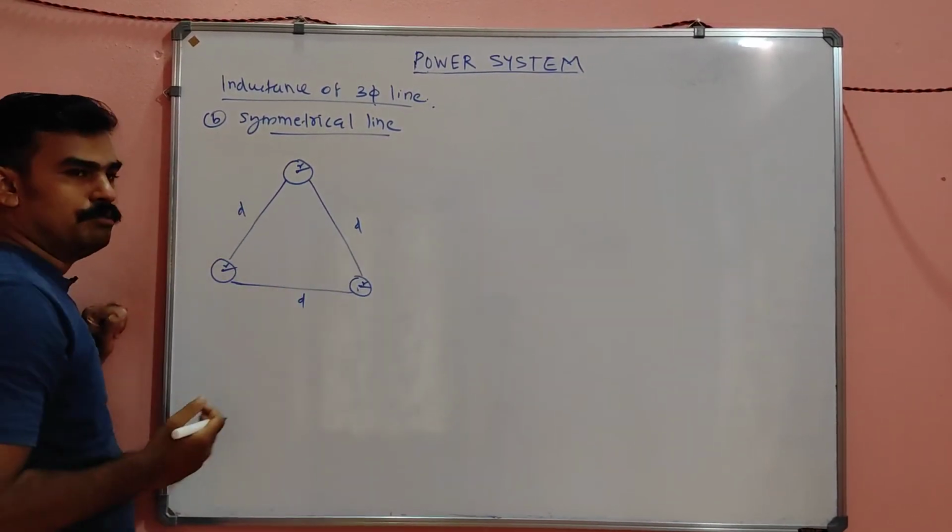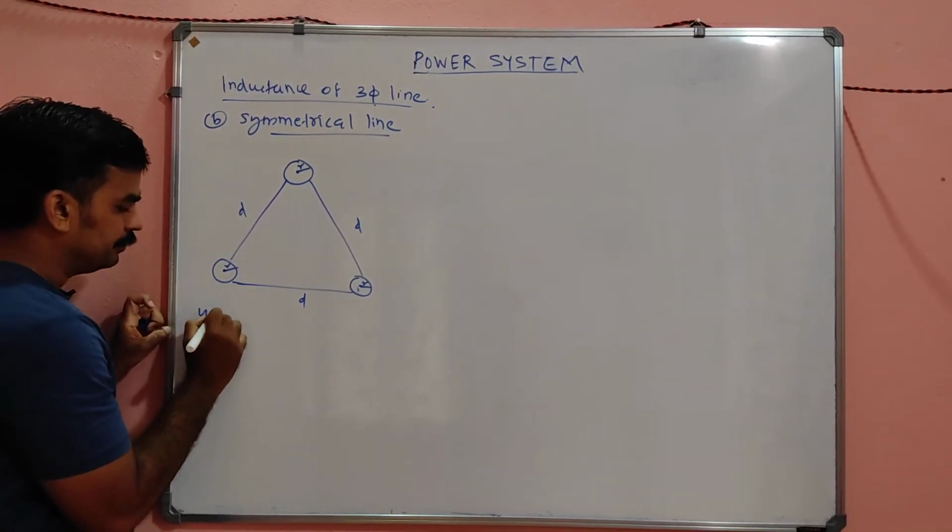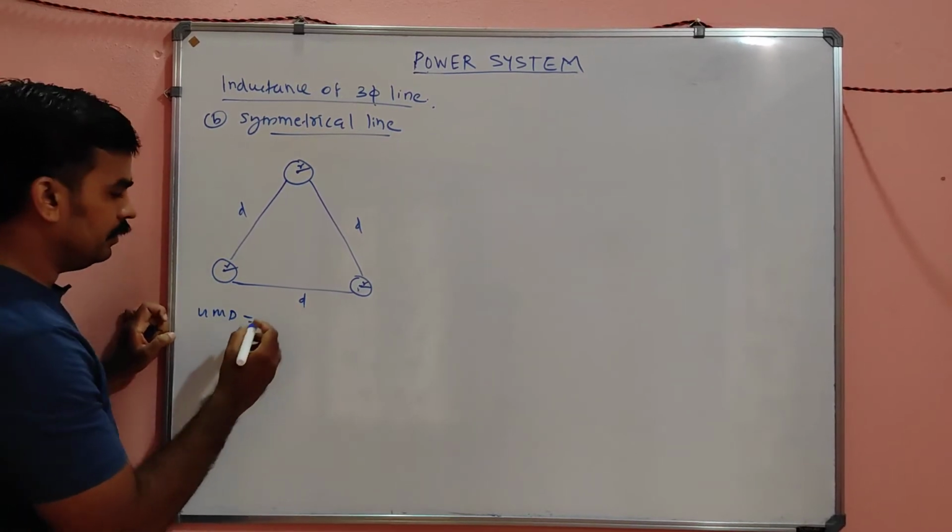Each conductor is separated by D, mutually equally spaced. Then what will be the GMD?